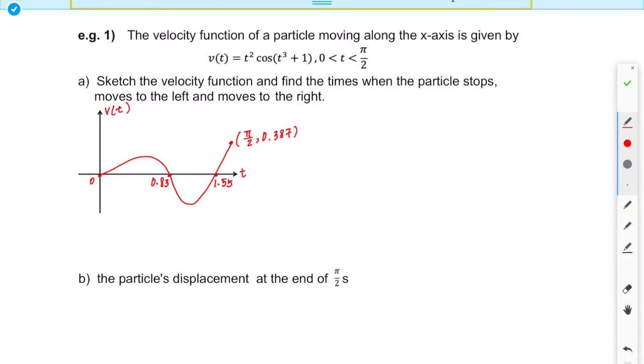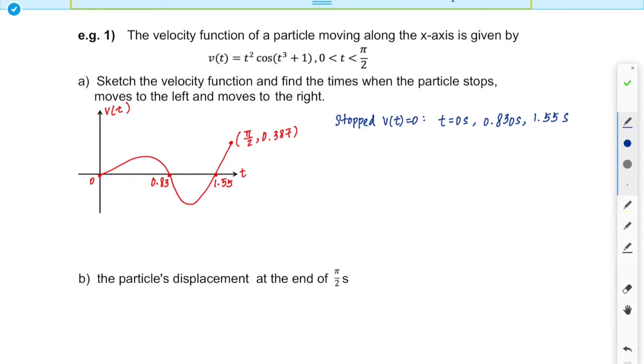Okay. So we can say that the particle stopped. That's when v of t equals 0. At t equals 0 seconds, 0.83 seconds, and 1.55 seconds. Okay. When is it moving to the left? Well, we'll assume that positive is right and negative is left.